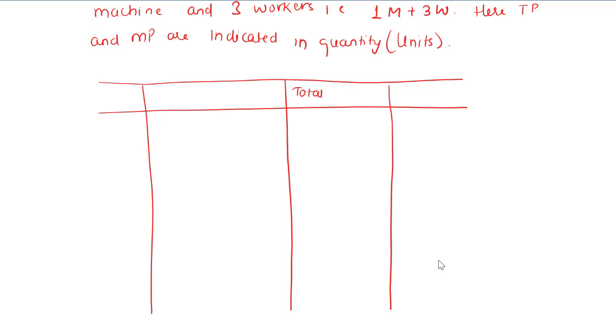Total product, marginal product, serial number, and scale or factor input used. So this is the scale: one machine and 3 workers.